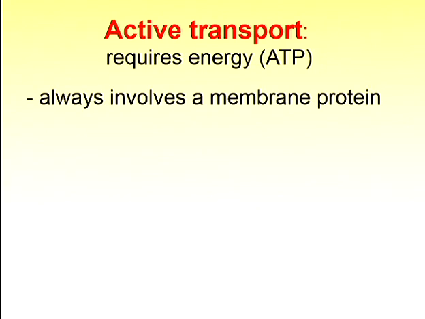Either way, they need ATP somehow, and that is because these transporters function in moving things against the concentration gradient from low to high concentration. There's always a membrane protein in this case, and that's often called a pump. Particularly, it's called a pump if it's primary active, which means it actually needs to physically interact with ATP and get energized by ATP to pump its substrate.